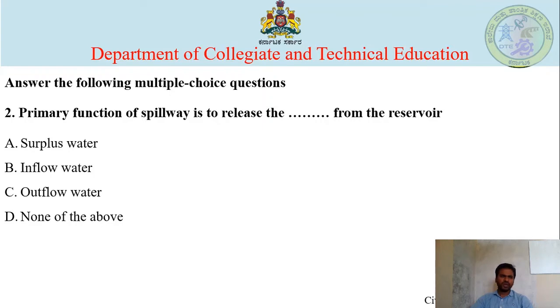Question number 2. The primary function of a spillway is to release the dash from the reservoir. Option A, surplus water; option B, inflow water; option C, outflow water; option D, none of the above. You will see the answer. Answer is A, meaning the primary function of a spillway is to release the surplus water from the reservoir when high flood occurs.